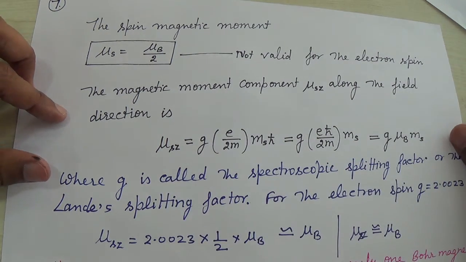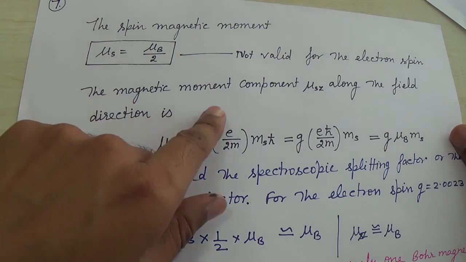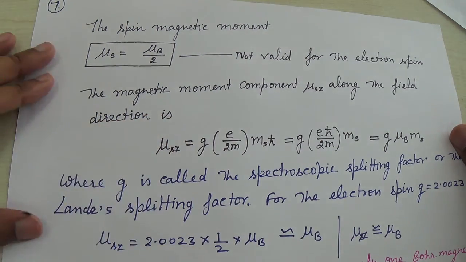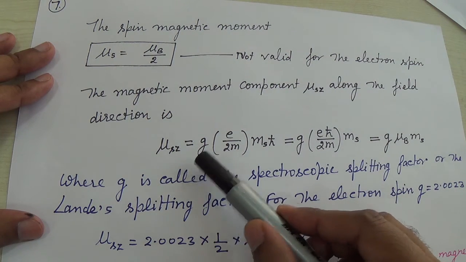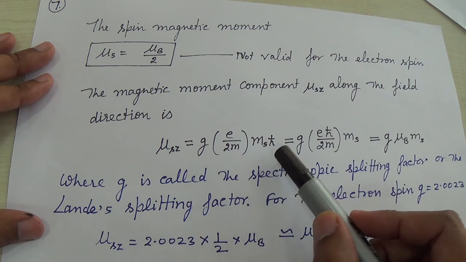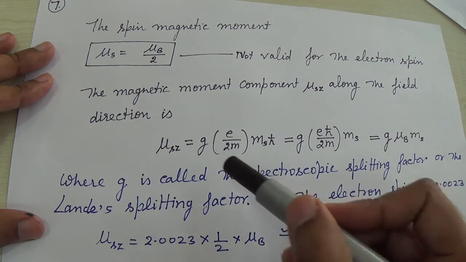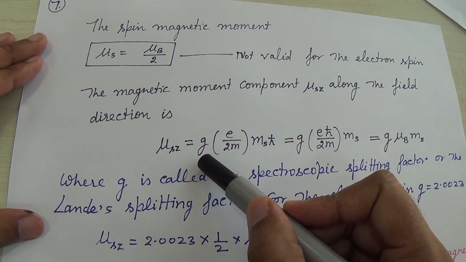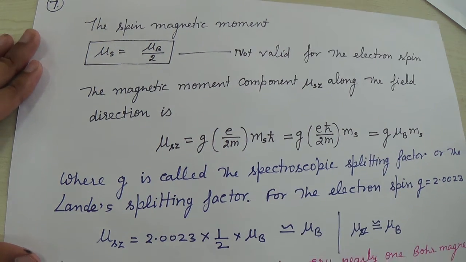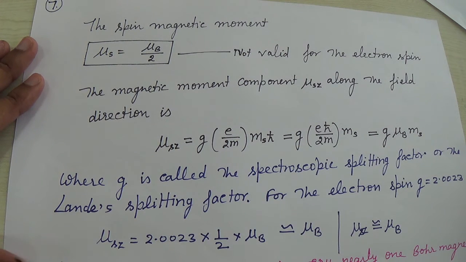The valid formula is this: the magnetic moment component mu sz along the field direction is mu sz equal to g multiplied by e upon 2m times ms h cross, where we introduce one more term, g. This is not acceleration due to gravity, remember; this is the gyromagnetic ratio, sometimes called the spectroscopic splitting factor.